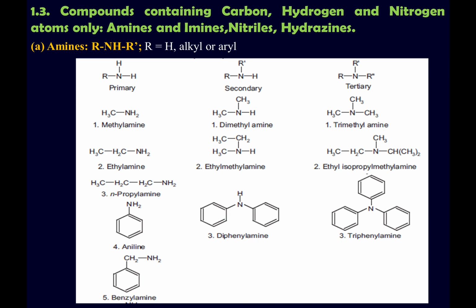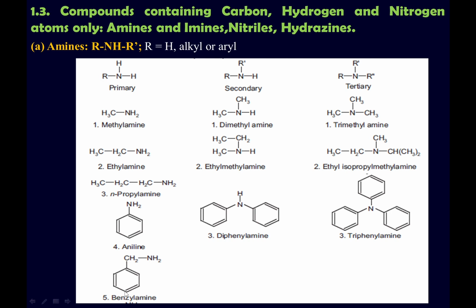You have the third class of organic compounds containing nitrogen besides carbon and hydrogen, primarily the amines, and they are primary amines, secondary amines, tertiary amines. These are usually ammonia derivatives, and if one hydrogen of ammonia is replaced with an alkyl or aryl group, they become primary amines. These are the examples from methylamine to aniline.